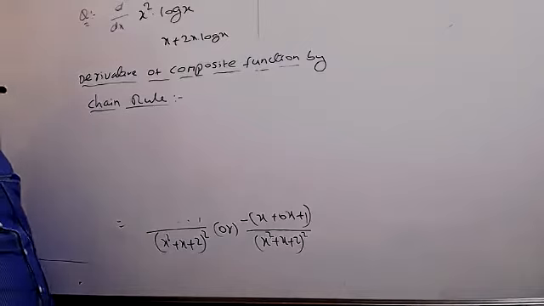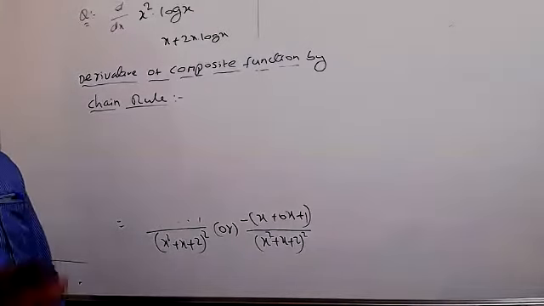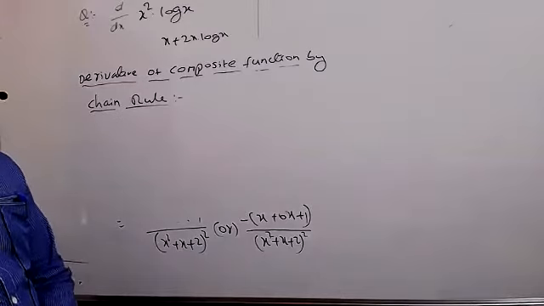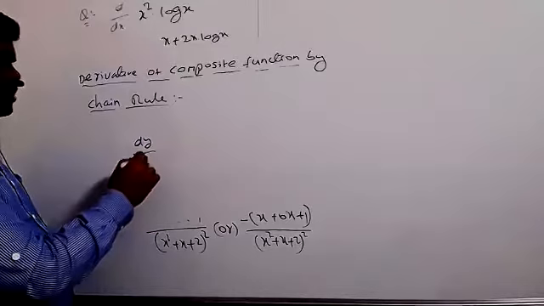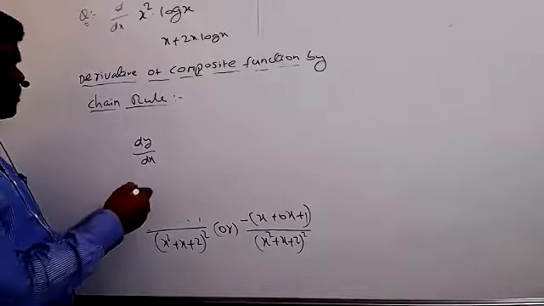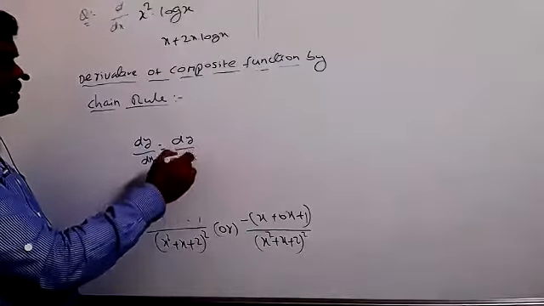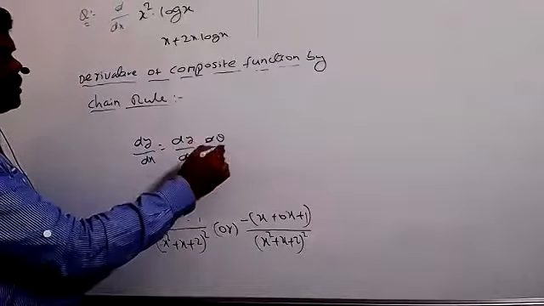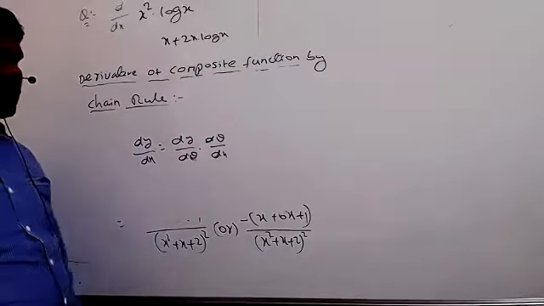Generally, what is the meaning of chain? Chain means it will be continuous. Already previously I showed you very clearly. If we take dy by dx, this can be written as dy by du into du by dx. But these two will be the same, you get the same answer. This is what we call the chain rule.